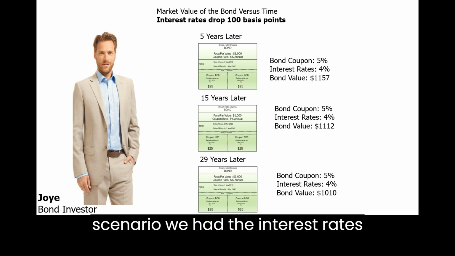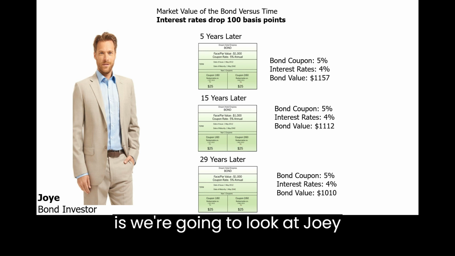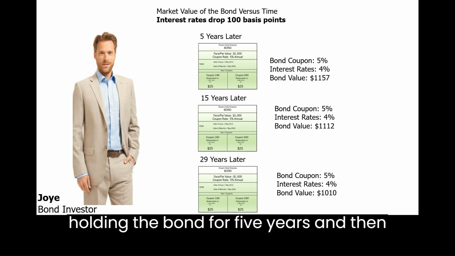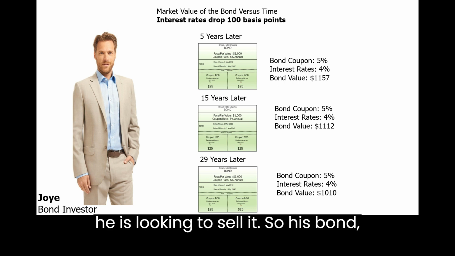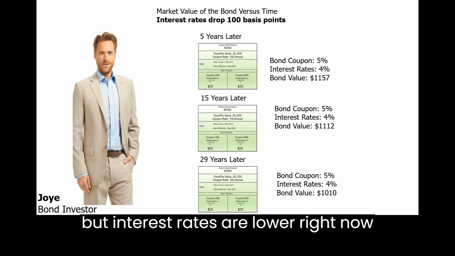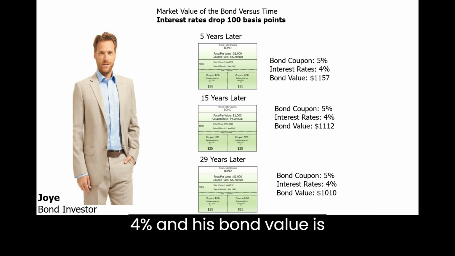So in the last scenario, we had the interest rates raised, but now we are going to look at Joey holding the bond for 5 years, and then he is looking to sell it. His bond's coupon rate when he bought it was 5%, but interest rates are lower right now, 4%, and his bond value is $1,157.